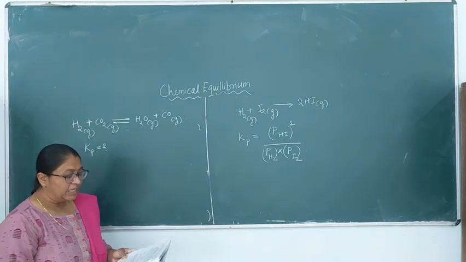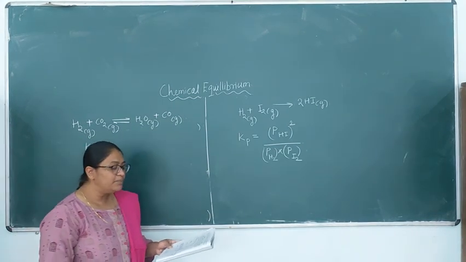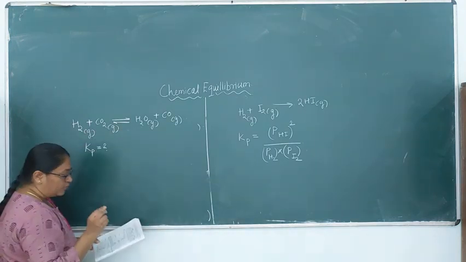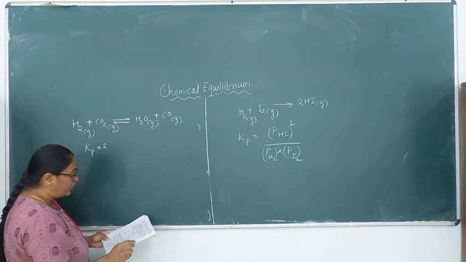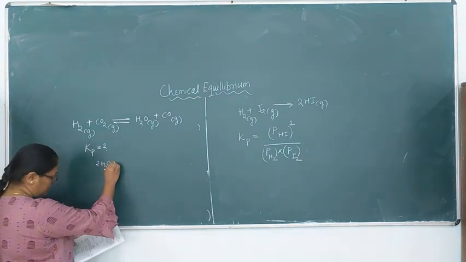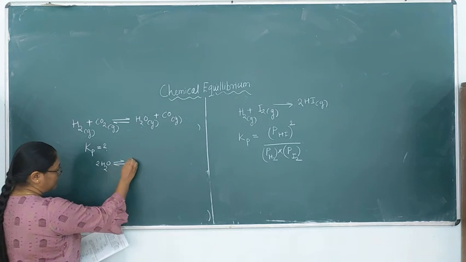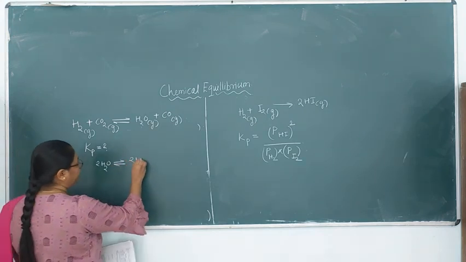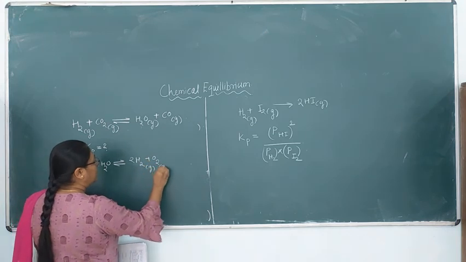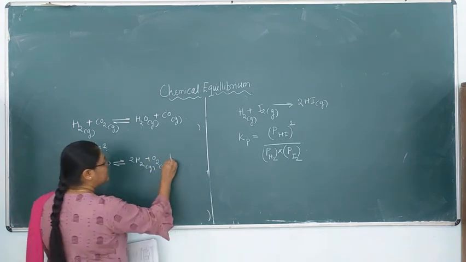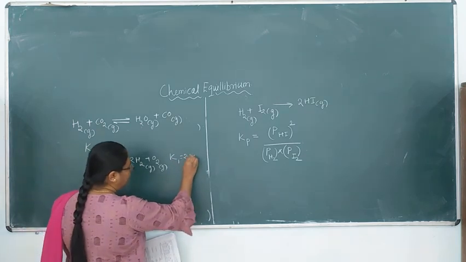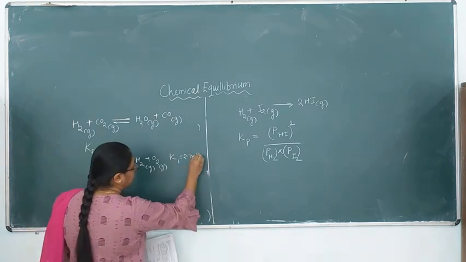At 1395 Kelvin, the equilibrium constants at 1395 for the following reactions are given. K1 is equal to 2.1 into 10 to the power minus 13.